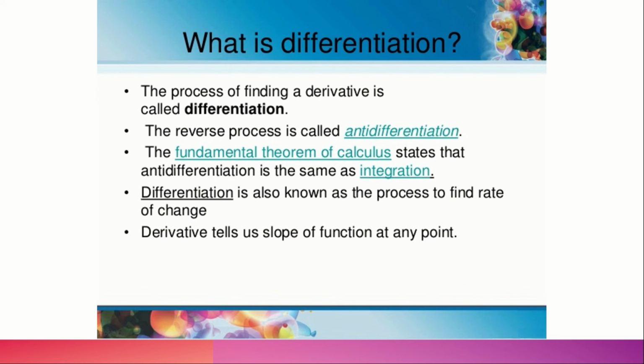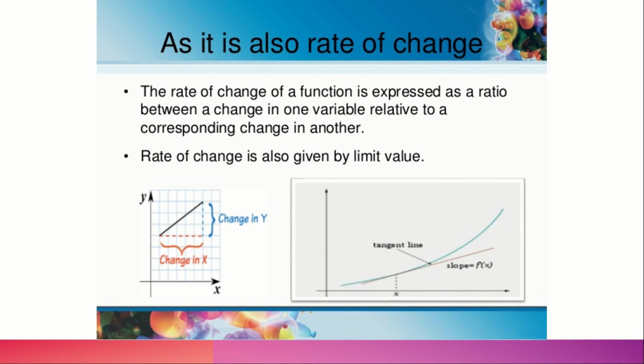So the derivative tells us the slope of a function at any point. Since it tells the slope of a function, it is said to be the rate of change. The rate of change of a function is expressed as the ratio between the change in one variable relative to the corresponding change in another. So rate of change is also given the name limit value.